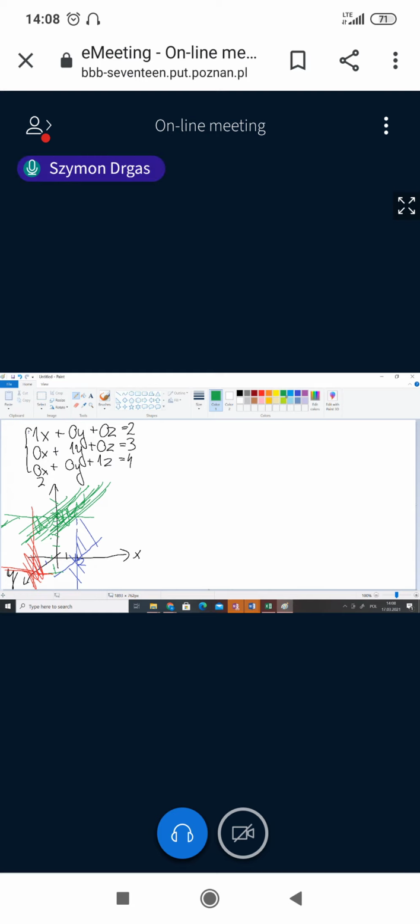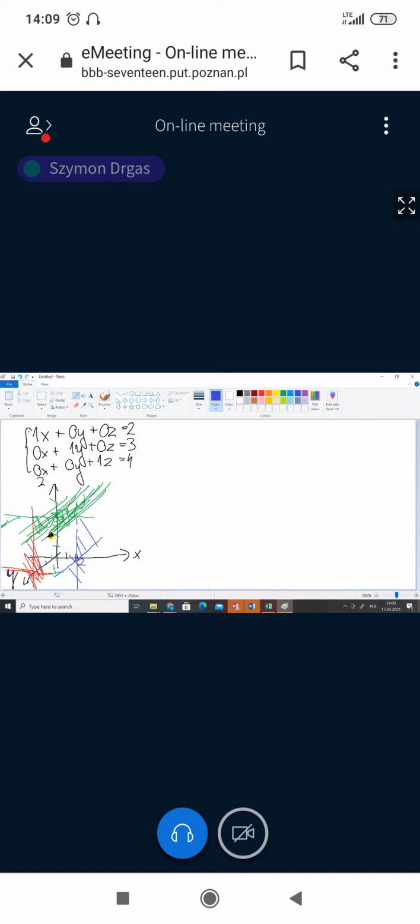So I will use a different color. Okay. So this is the point where these three planes intercept. Okay, so that's the point.